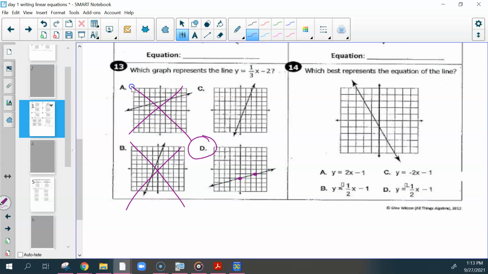Now for the other one, we're given the graph, and we have to find which equation is right. To eliminate, well, these all have a y-intercept of negative 1, so that doesn't help. But I see this is going down and right or up and left, so it has to be a negative slope, so I can get rid of A and B. Is this one C or D?